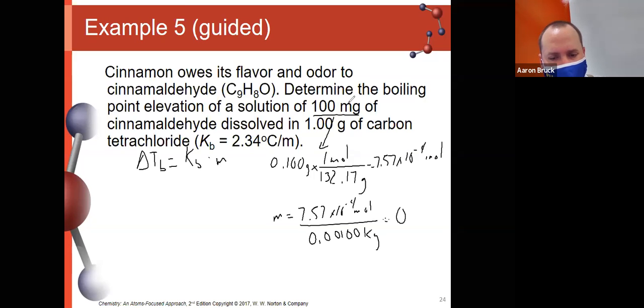My molality here, 0.757 molal cinnamaldehyde.